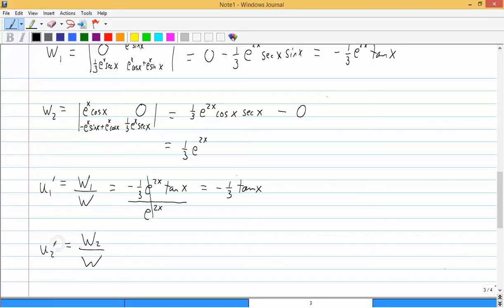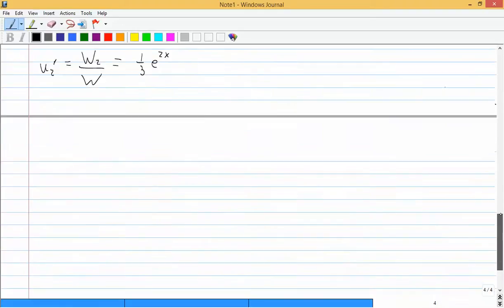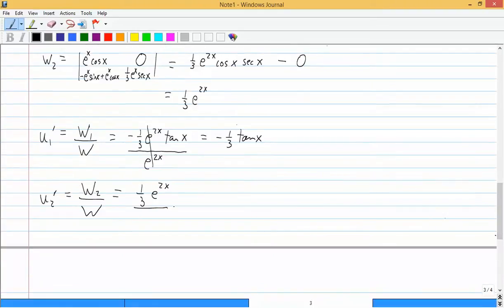Alright, u sub 2 prime is equal to our w sub 2. That's 1/3 e to the 2x. And that's it, right? Because the trig part canceled out. And then that's going to be divided by the Wronskian, which was e to the 2x.